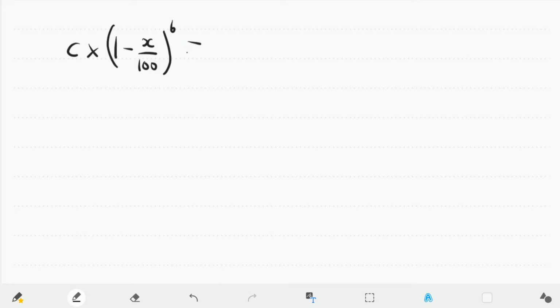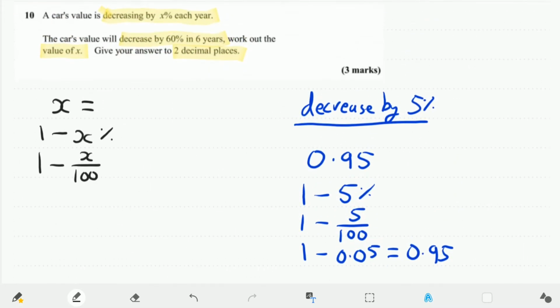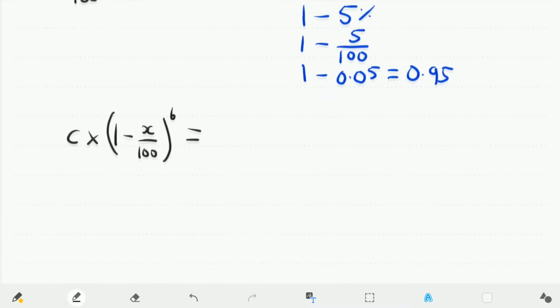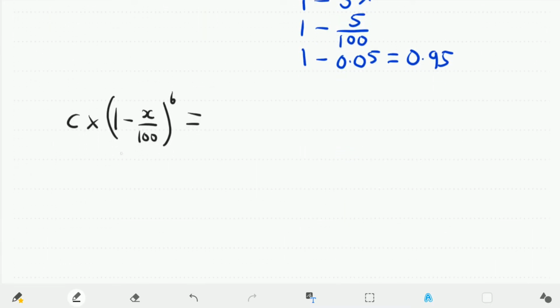And that will be equal to, okay, now this part is where a lot of students do make their mistake. If we go back to the question, it says the car's value will decrease by 60% in 6 years. If you're decreasing something by 60%, then what you're left with is 40%. So after multiplying the car's value by this percentage 6 times, what we will be left with will be 40% of the original value.